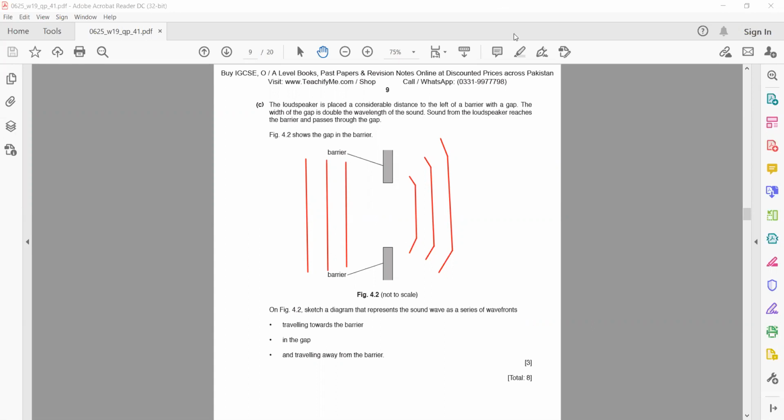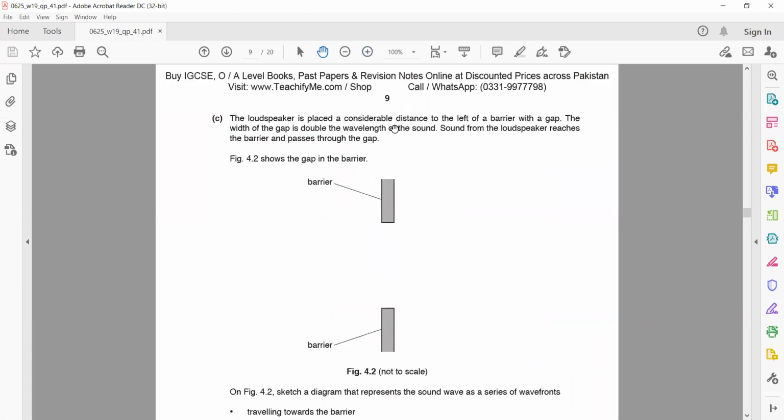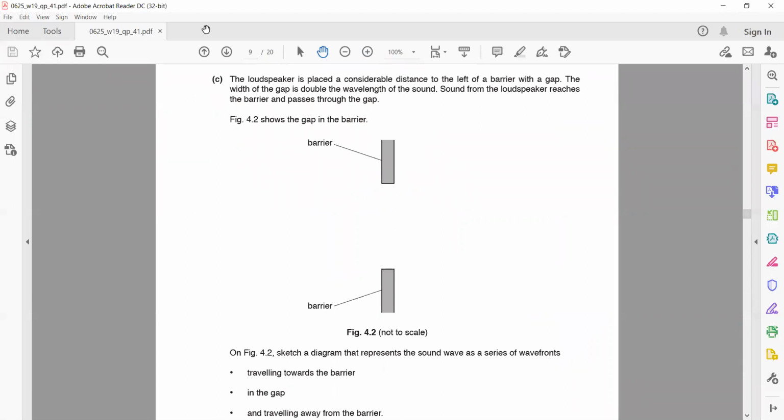The loudspeaker is placed to the left, and the width of the gap is double the wavelength. The wavelength means the distance between two successive compressions or rarefactions.